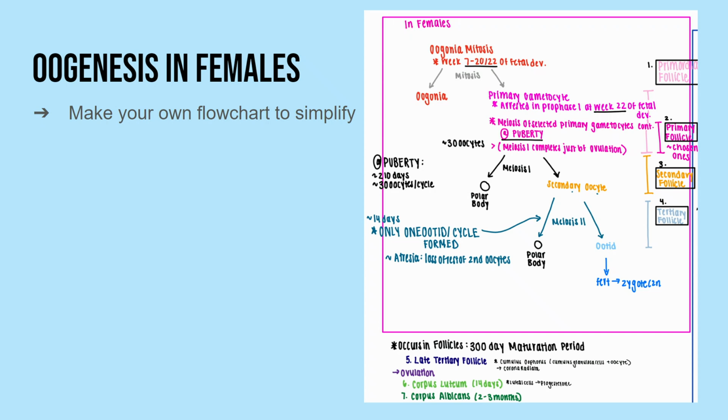At puberty, selected primary oocytes continue on through this process. I'll say maturation continues.